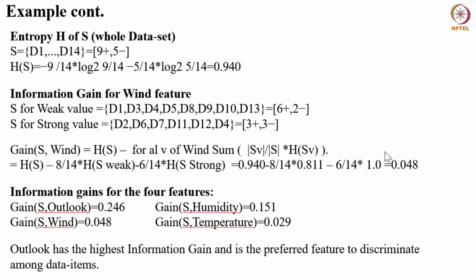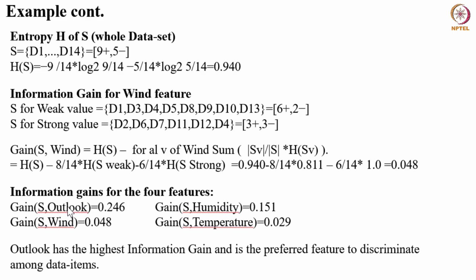So we end up with a value of 0.4448. If we do the same thing for all 4 features, you can see down here, for outlook, wind, humidity, temperature, the highest value that we get is 0.246, which we get for outlook.